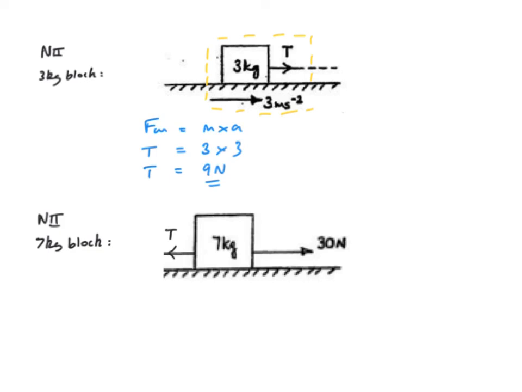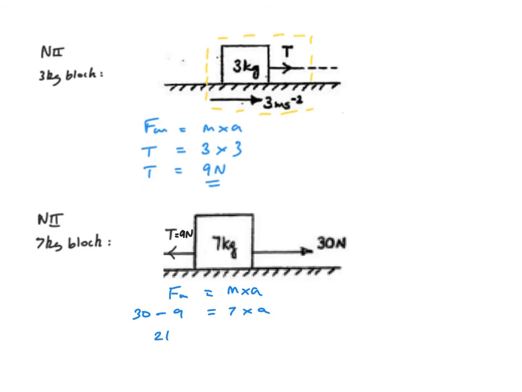So you can then apply Newton's second law, where we know that that is 9 newtons. The unbalanced force here is going to be 30 take away 9, because you've got the applied force to the right and the tension force to the left. It's a 7 kilogram block and we're working out the acceleration.